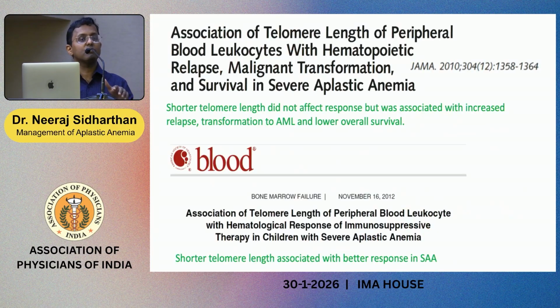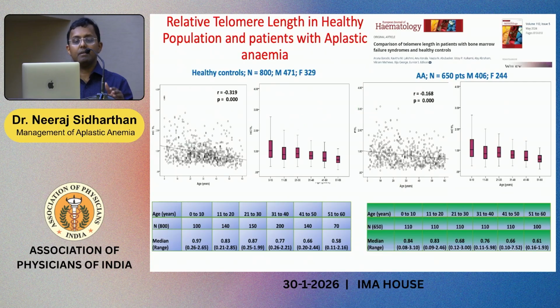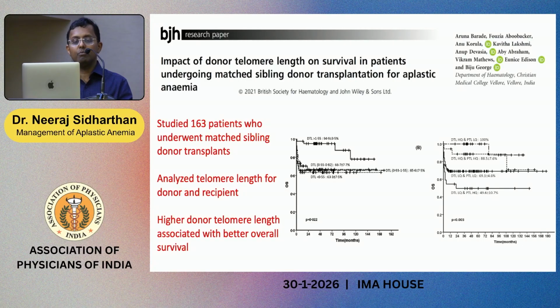Nowadays, there are tests to find out the telomere length, and a lot of studies have happened outside India and also within India, which have looked at the length of telomeres in the peripheral blood leukocytes, especially in the donors, to see that if the telomeres are shortening, then it affects the overall survival and also the prognosis in bone marrow transplantation.